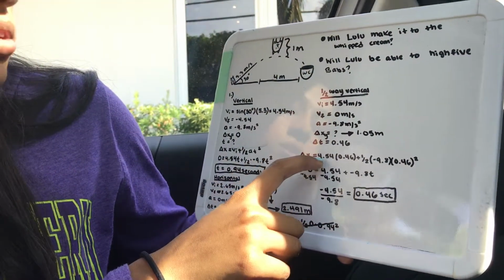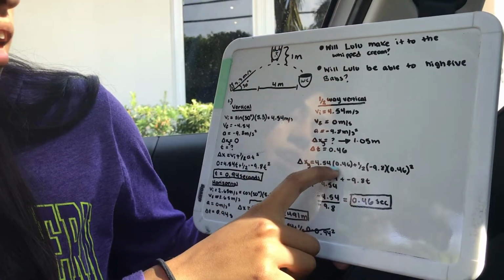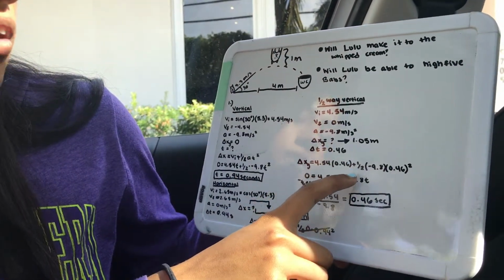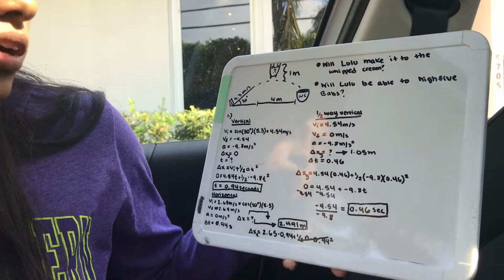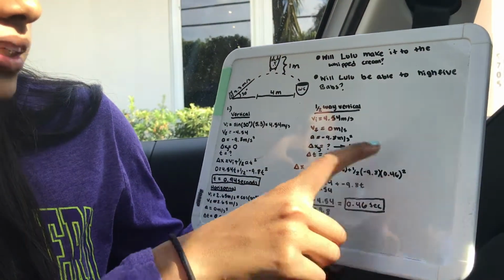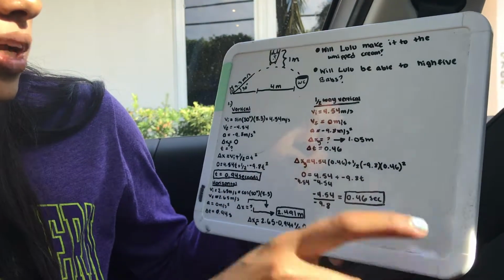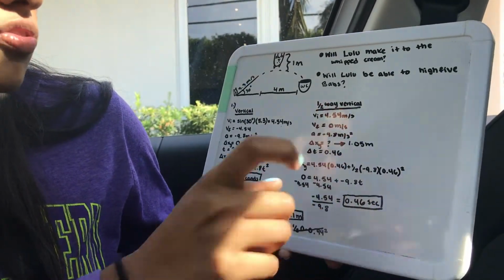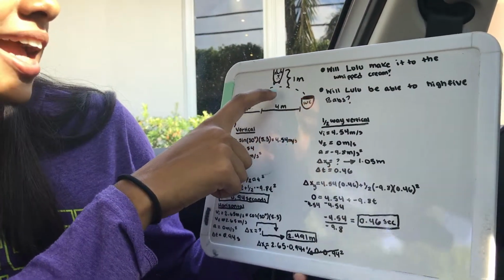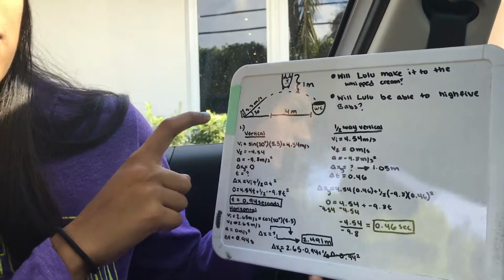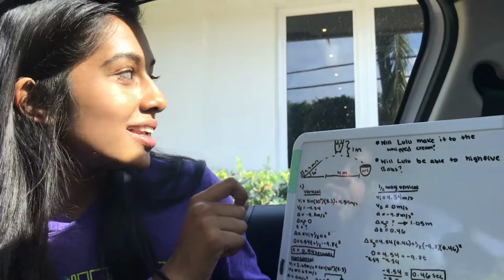So we use the initial velocity times the time plus 1/2 acceleration times the time squared. By solving this quadratic, we get 1.05 meters. And since Babs is hanging 1 meter from the chandelier, we know that both cats will be able to high five each other. Yay.